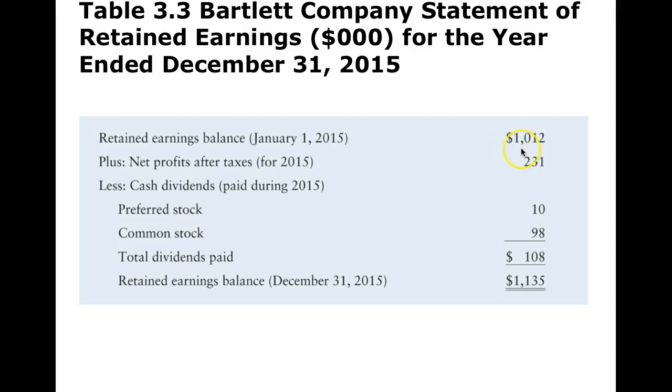So that gives us 1,243. Subtract 108 and we get 135, and that would be our retained earnings. So we're adding the excess, the money above. We take our net profits, subtract out our dividends, and we add that to our retained earnings to get our new retained earnings.